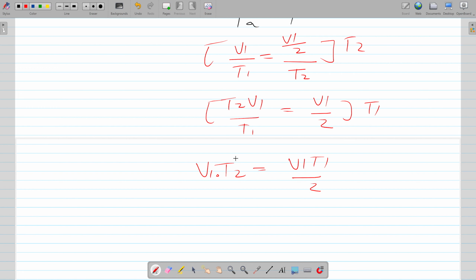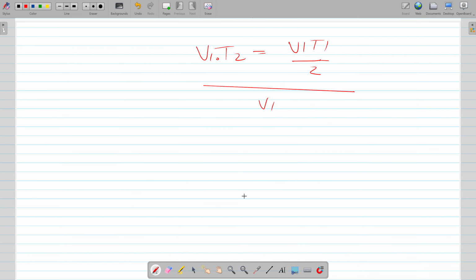I forgot about this V1 here. So we have V1 T2 is equal to V1 T1 divided by 2. So we're going to divide both sides by V1 to make T2 the subject of the formula.